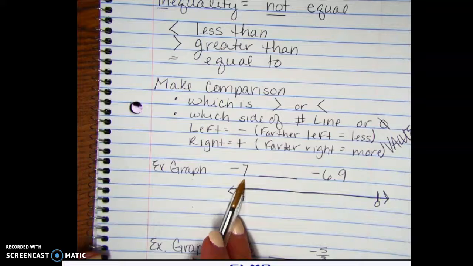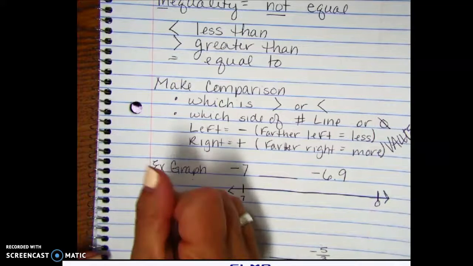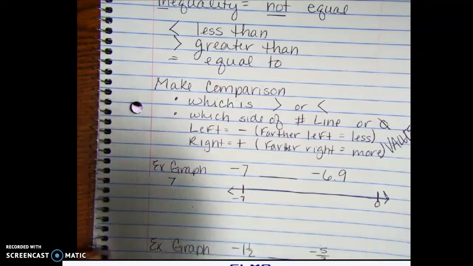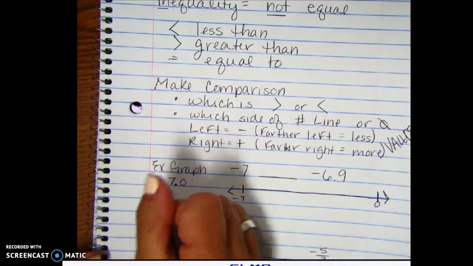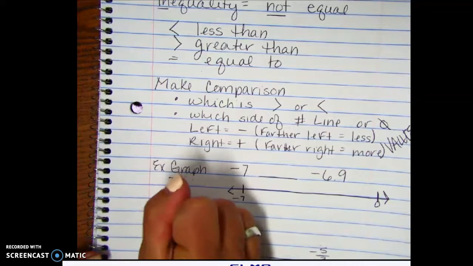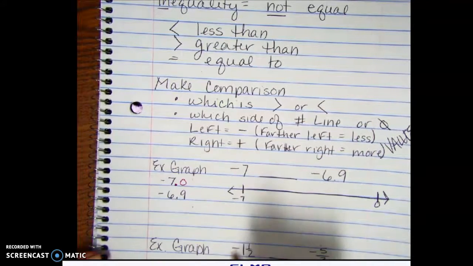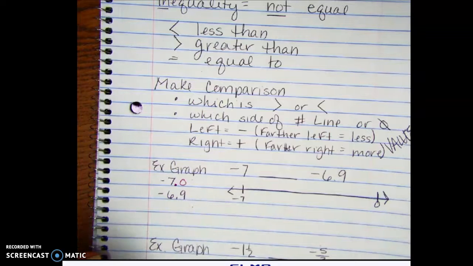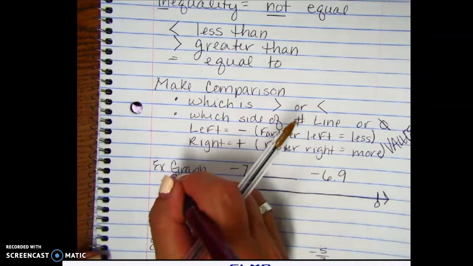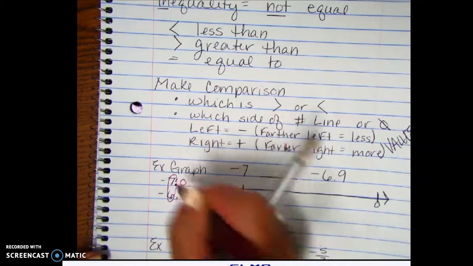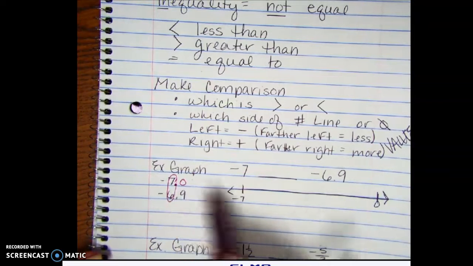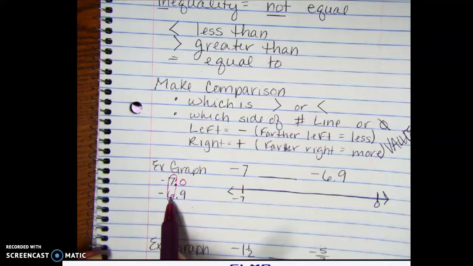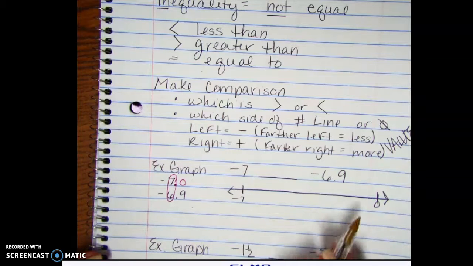So now, here's something that some people forget. 7 is actually 7 0/10. So what I do is I line up my decimals as if I'm adding, but I'm not, and I look at the place value that is the greatest place value, and I see which one is greater, and of course that's farther, so that means -6 9/10 would be closer to 0.